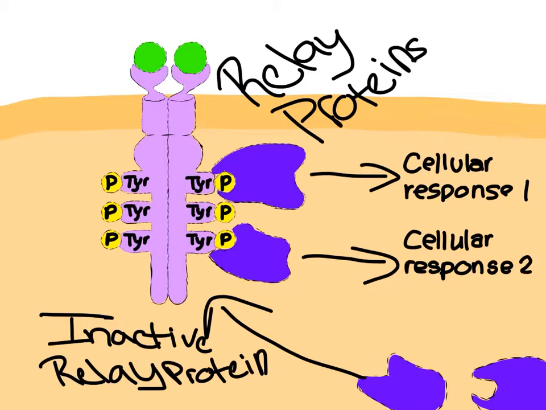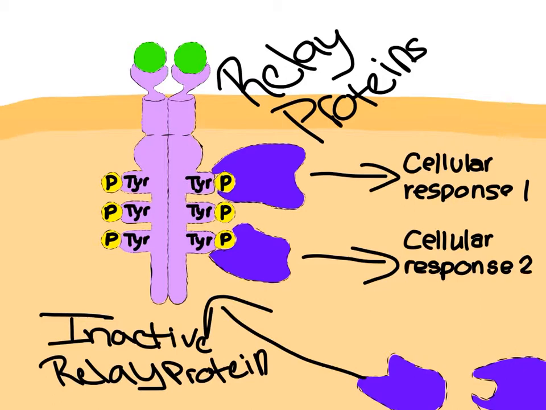Now that we have the fully phosphorylated receptor, it can be recognized by multiple proteins. These are proteins called relay proteins, which are part of transduction pathways, which were introduced earlier in the textbook if you read it.